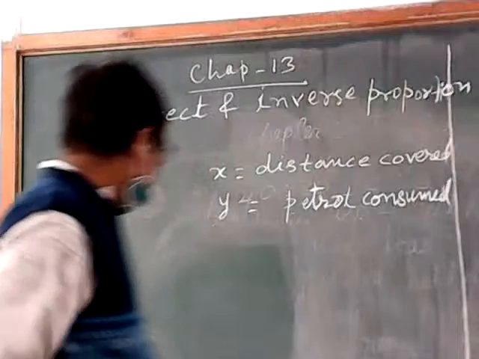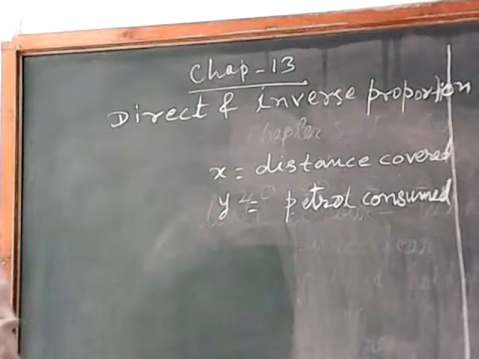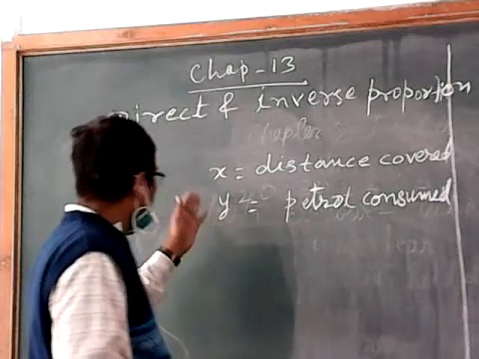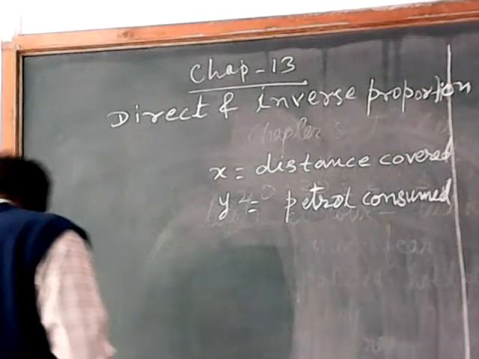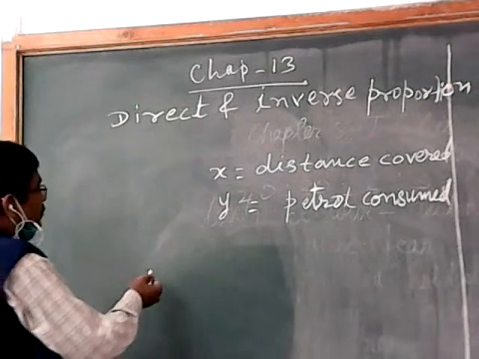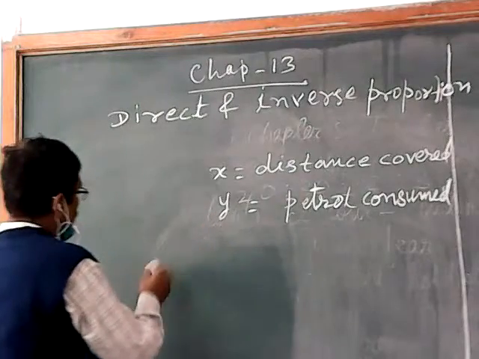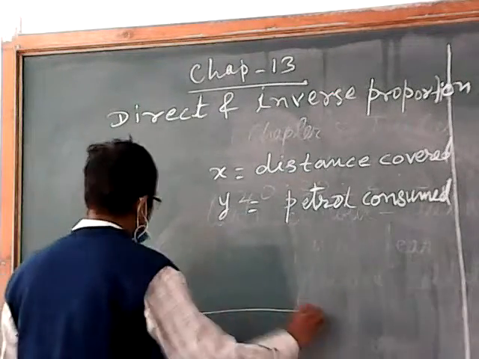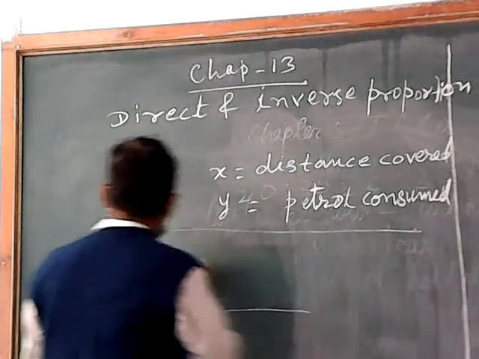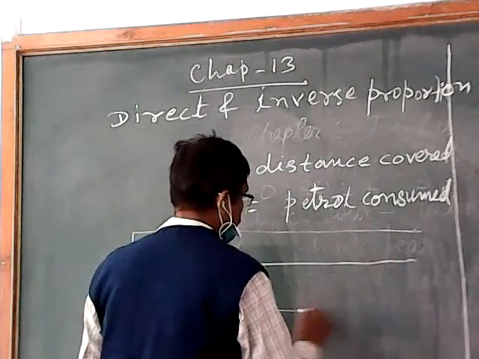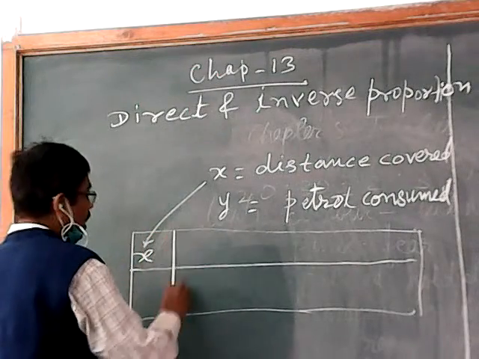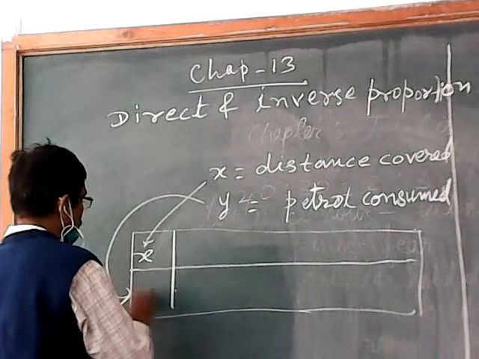So let us have an example, some data. Here we have taken these two variables. Now I am taking this box. This is x, and this one is y.